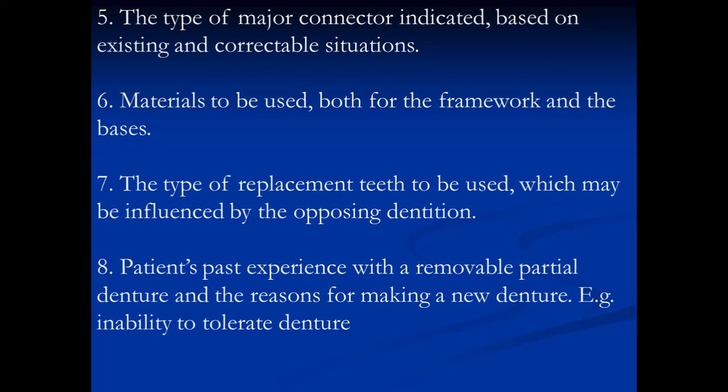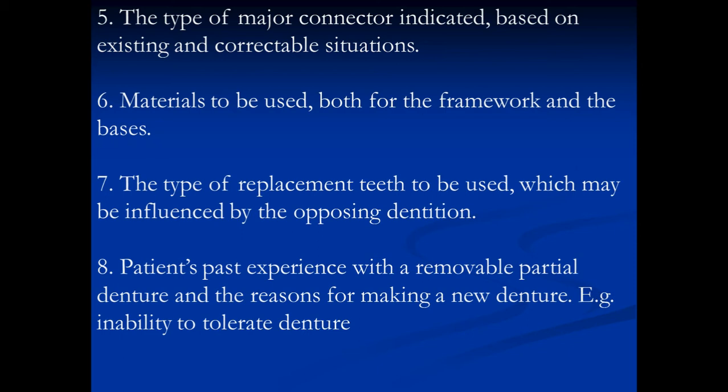The next comes the type of major connector for the particular condition. If we have a class 4 situation, we can always go in for an anteroposterior palatal strap. Or if we have a class 3 condition with a modification space, or a typical class 3 condition, we can go with a palatal strap major connector.